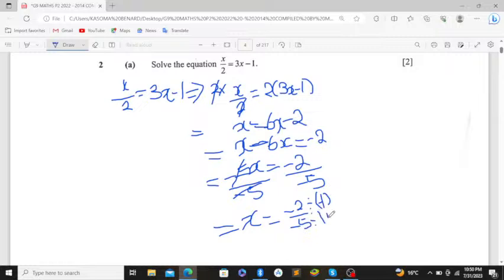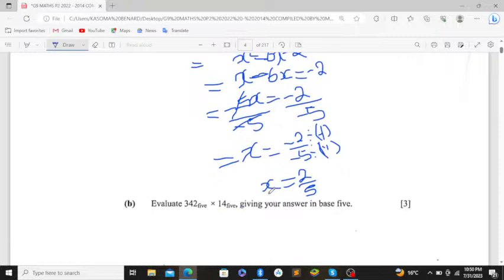So we write x is equal to -2 divided by -1, which gives us +2, and -5 divided by -1 gives us +5. So the value of x is 2/5. That is the value of x in that equation.